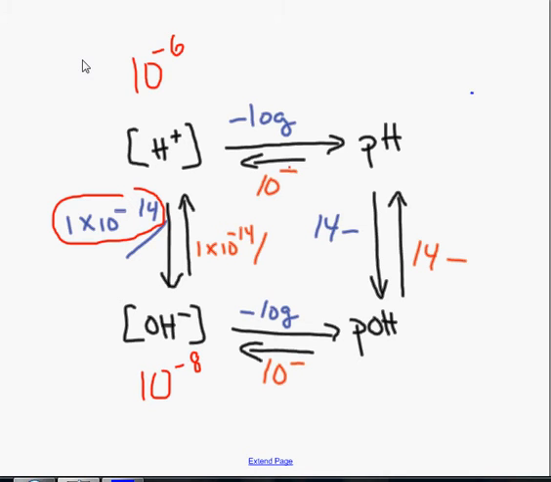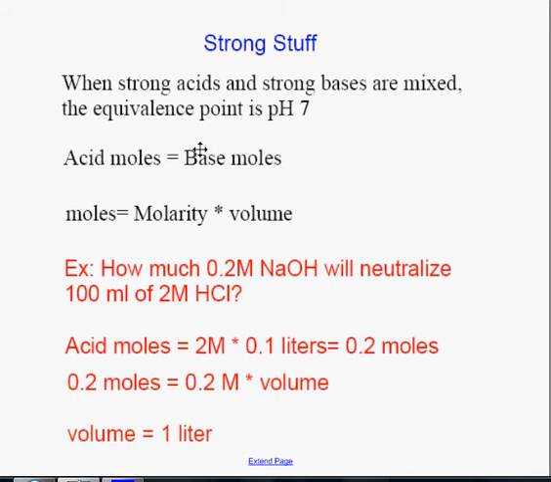Okay, let's go to the next screen. Now, in our experiment today, we're going to go back and forth and measure the amount of moles to titrate something. So if you start with a base and you add acid to it, it'll exactly get to an equal point when the moles of acid is equal to the moles of base.